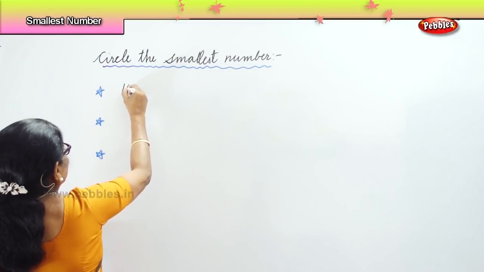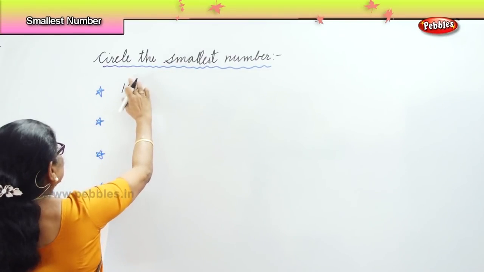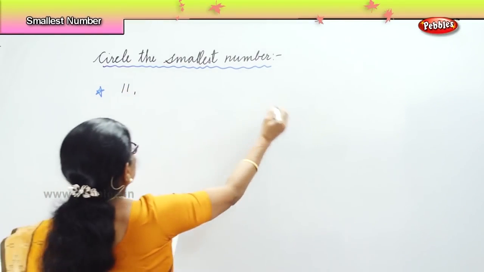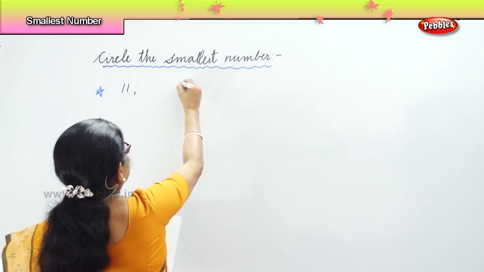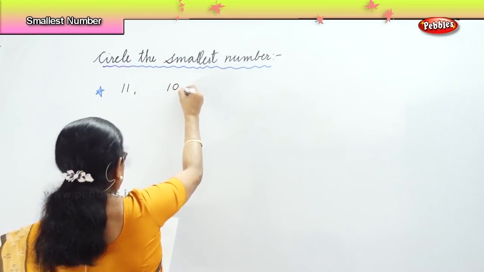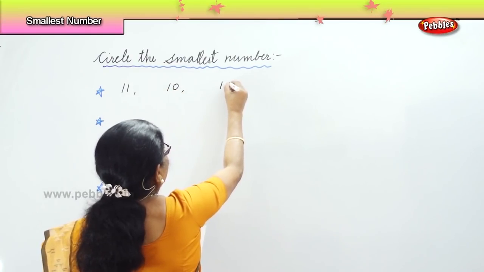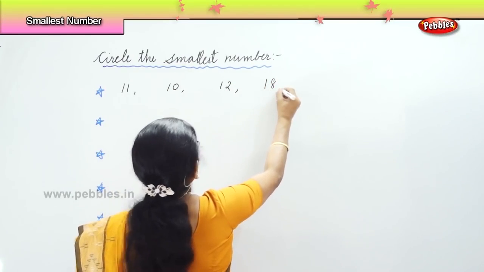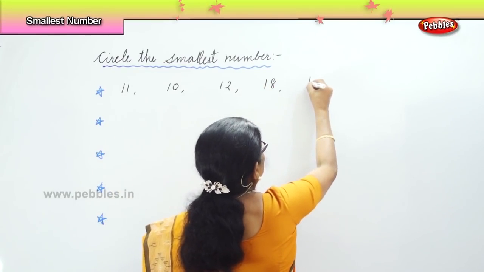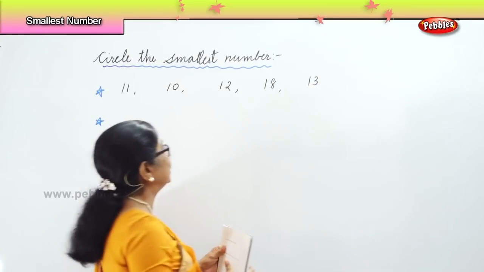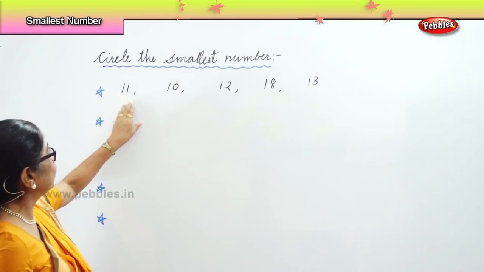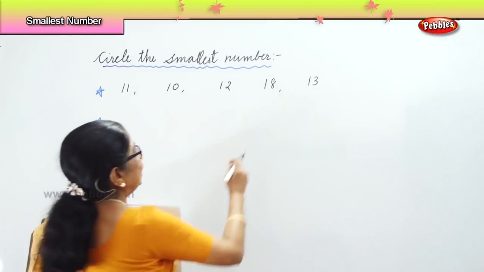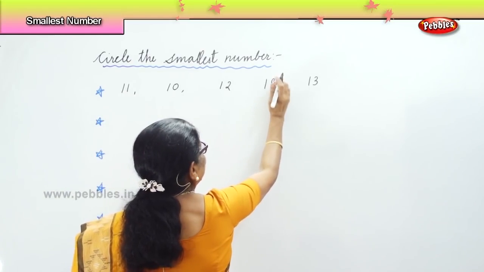The first one you have here is 11, then you have 10, 12, 18 and 13. You are given 5 numbers: 11, 10, 12, 18 and 13.